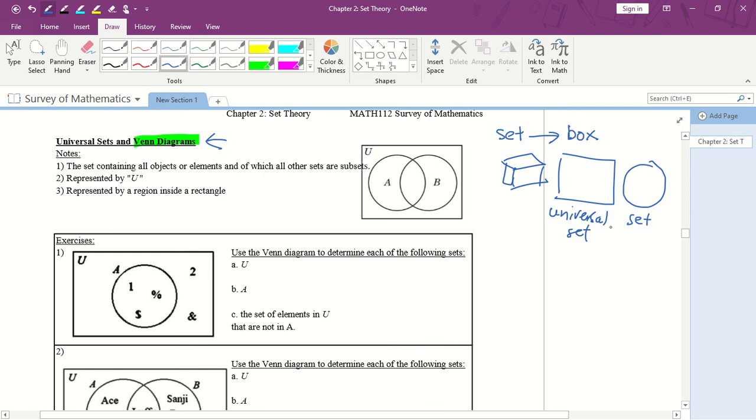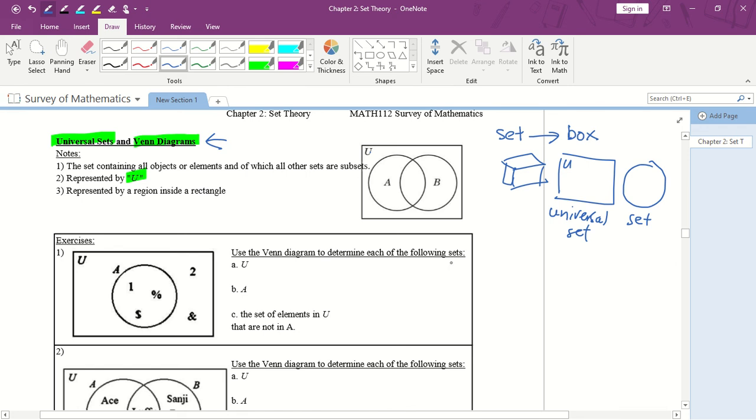Okay. And just remember that the universal set is represented by U. That's why you see a U written on top here. And this box, the universal set, means the box that contains everything.